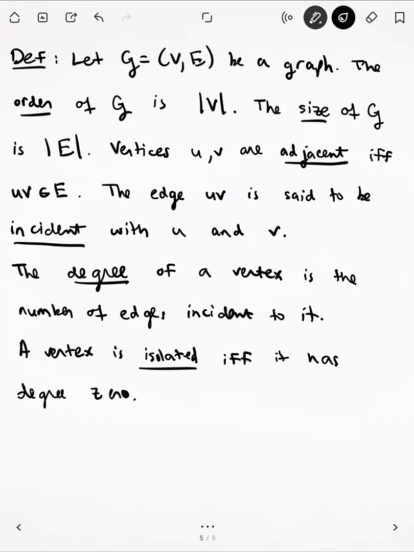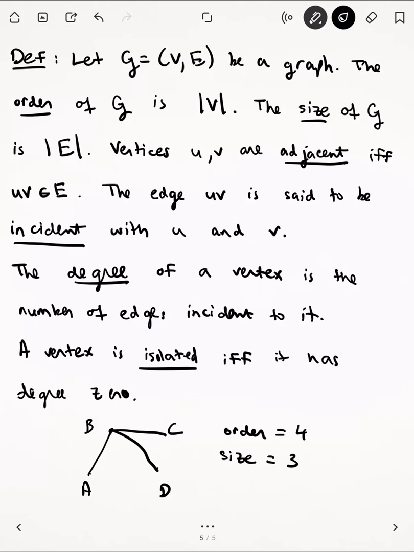So just back to our previous example, let me draw this again right here. In this particular example, order equals 4, size equals 3. Okay?